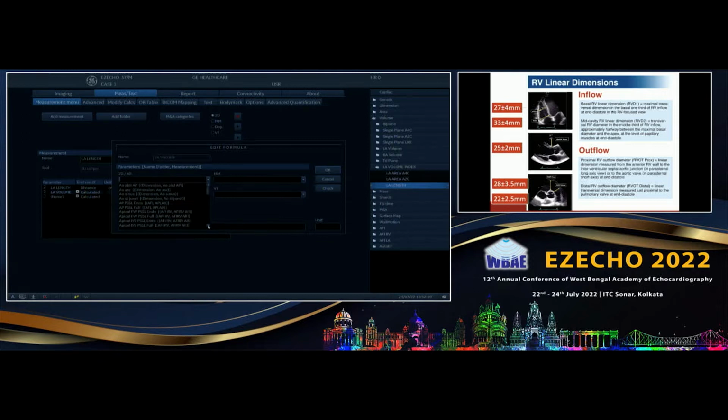That is at the base, mid, and then the long axis. The base is not the annulus; it is something different from the tricuspid annulus size. It is just above it: the base RV dimension, the mid, and the long, from the apex to the mid of the tricuspid annulus. The other one is the RVOT, which is much more reproducible.